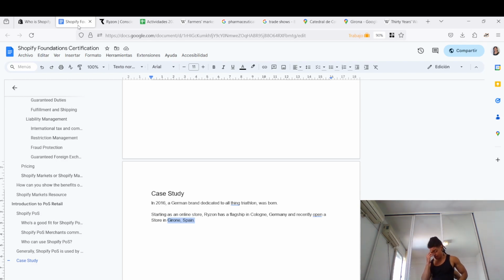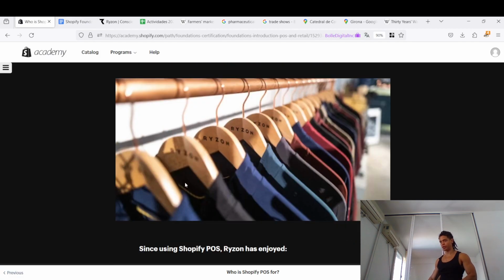Why is this important? Because by dedicating your attention to this, you can now see much more. You can expand your perspective, understand more deeply this particular brand's needs and also the historical events that happened at least in Germany, and how Ryzen, by using Shopify POS, was able to increase.